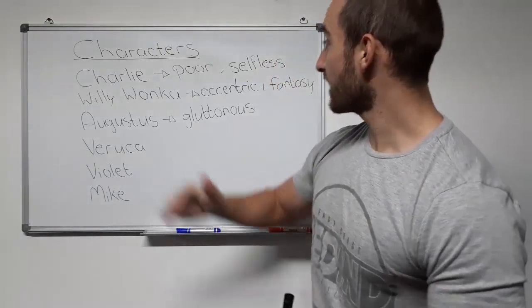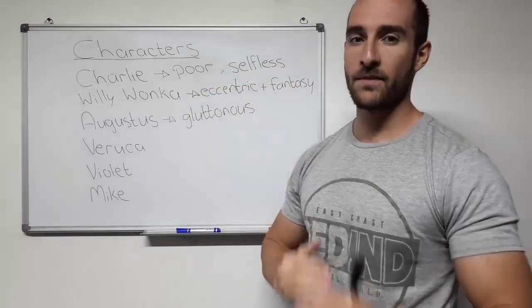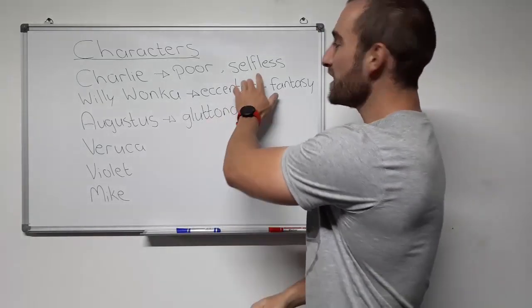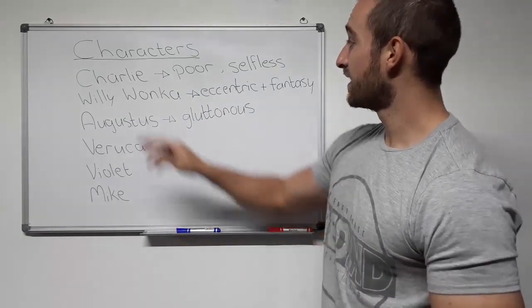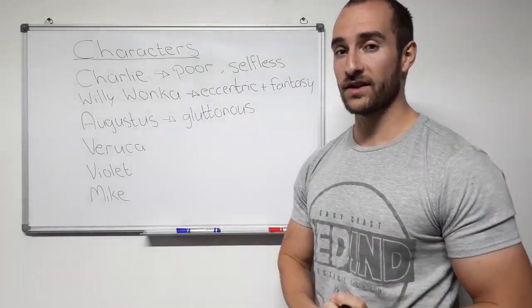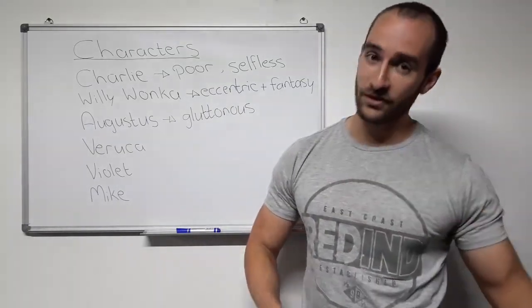So to look at the first characteristics, you'll find that being poor is not something that is fun, but that's something you can't control. However, to be selfless is something you can control, which is a good quality. Willy Wonka as well, to be eccentric is usually seen as a good quality. To be able to live in a fantastic world, that's a good quality.